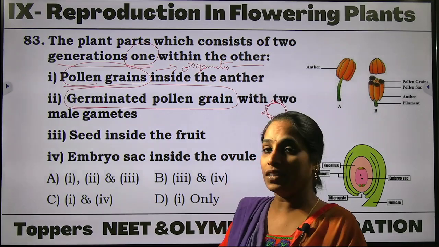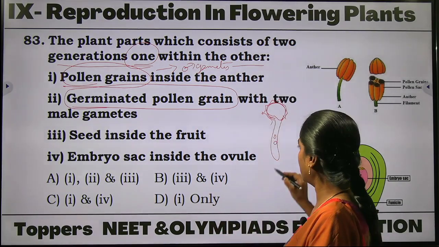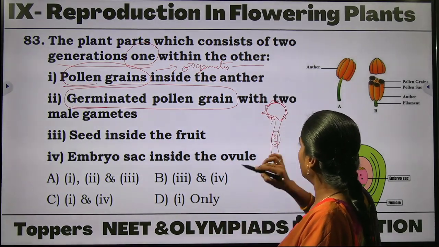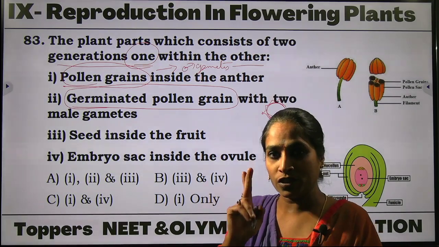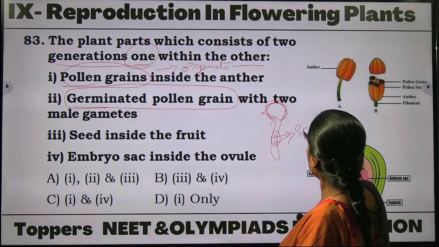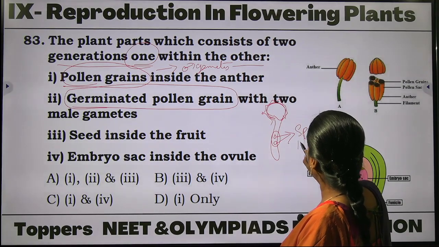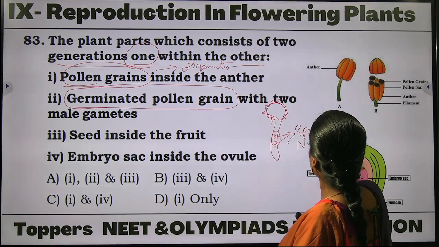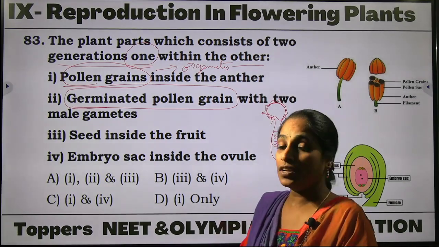One is the vegetative cell and one more is the generative cell. The generative cell divides mitotically and forms 2 nuclei, called sperm nuclei, which are formed by the generative cell.